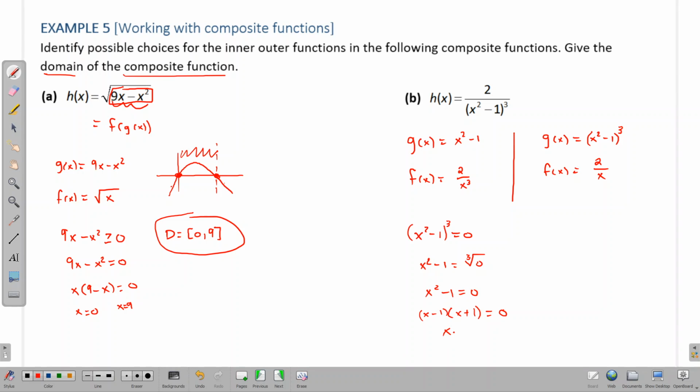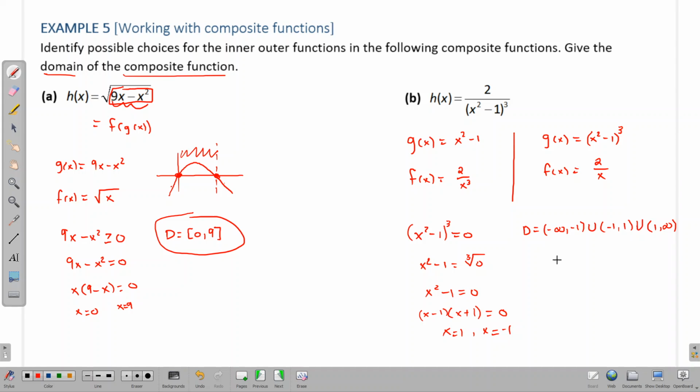So we get the numbers that have to be thrown out are 1 and negative 1. Right? These are the numbers that would make the denominator 0, so they need to be thrown out of the domain. So the domain will be everything but those. So it'll be negative infinity up to negative 1, union negative 1 to positive 1, union 1 to infinity.